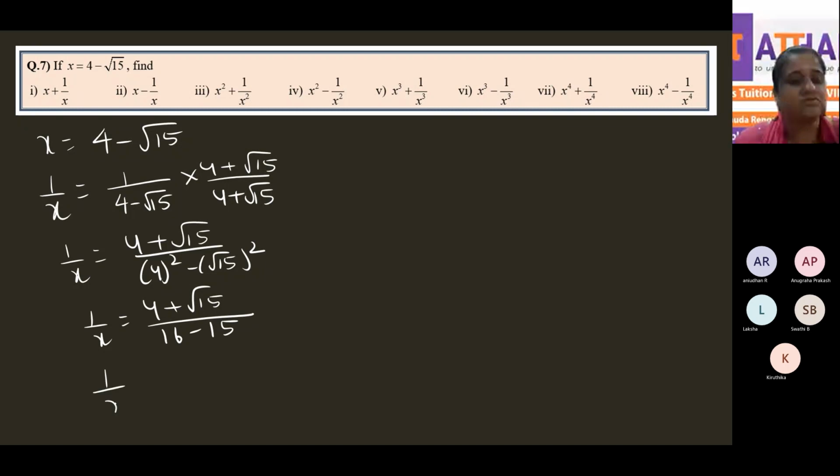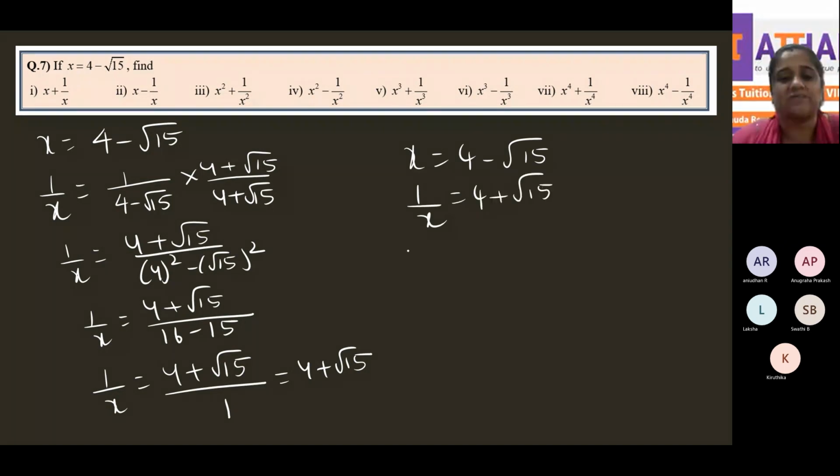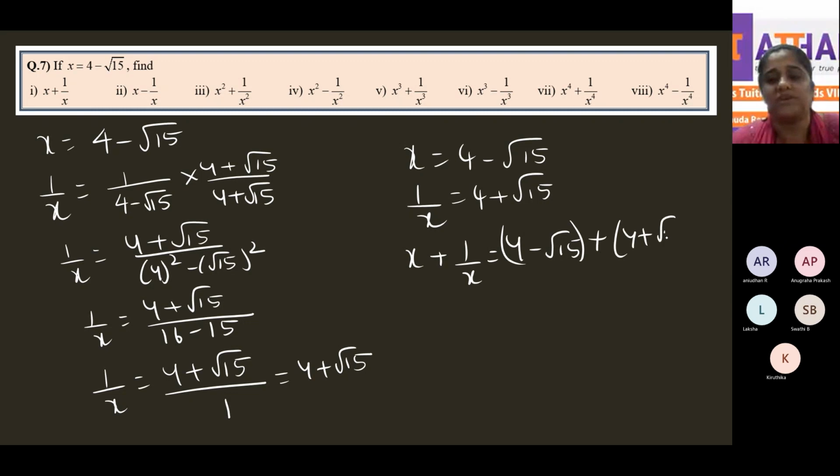So 1 by x is equal to 4 plus root 15 divided by 1, which is 4 plus root 15. Now what is x plus 1 by x? It is 4 minus root 15 plus 4 plus root 15. This gets cancelled. 4 plus 4, 8.